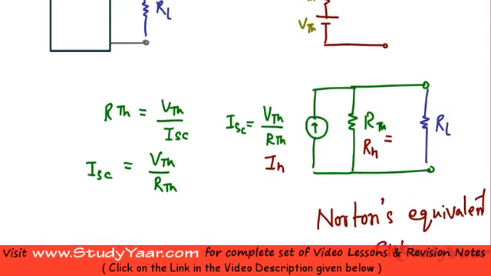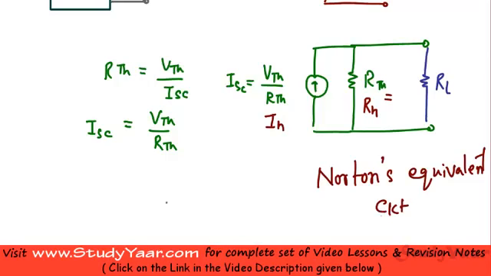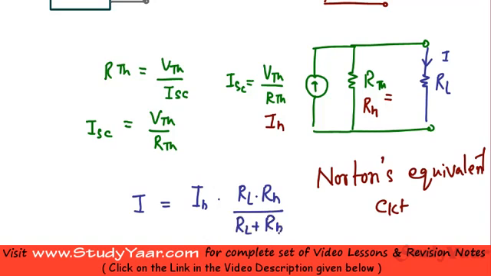As per the current divider rule, your current through RL, let's say this is I, is equal to your net current, which is your IN, times your equivalent resistance, which is RL dot RN upon RL plus RN, divided by your RL.